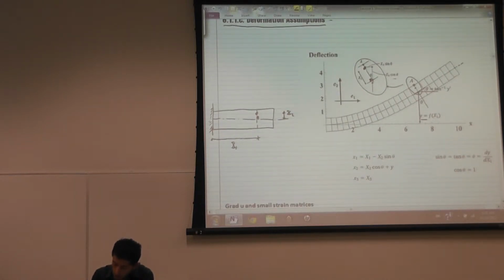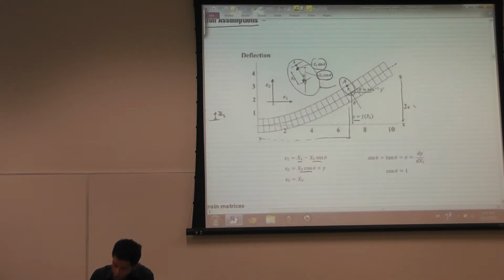And so the location of that point after deformation is equal to the original x1 minus x2 sine theta, and the vertical position is equal to y plus the vertical movement, which is x2 cosine theta. And we assume x3 has not changed.